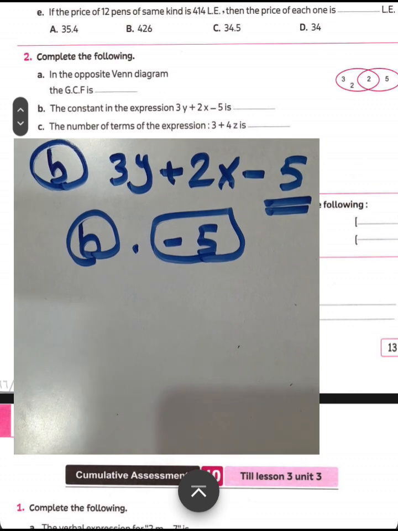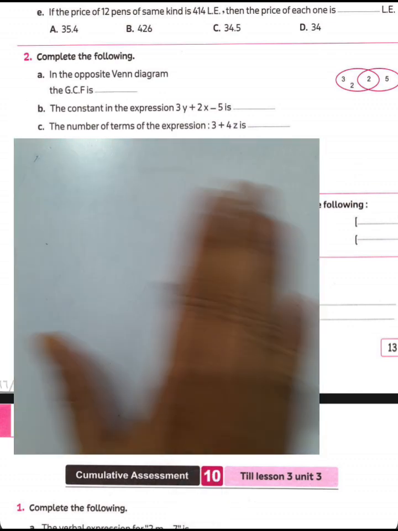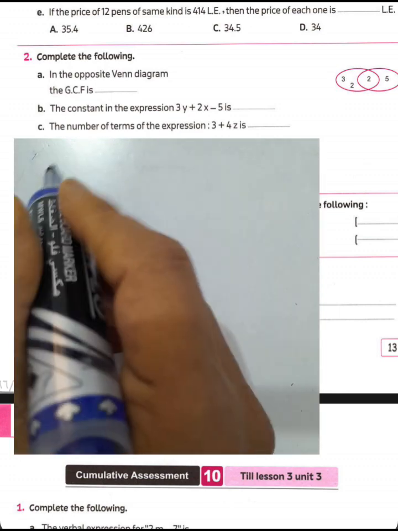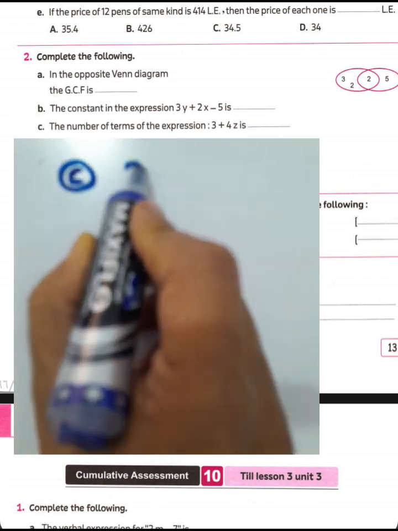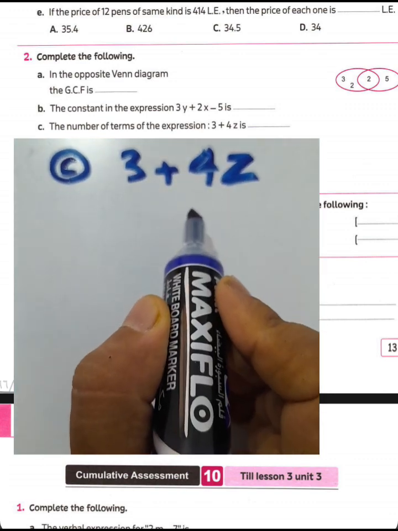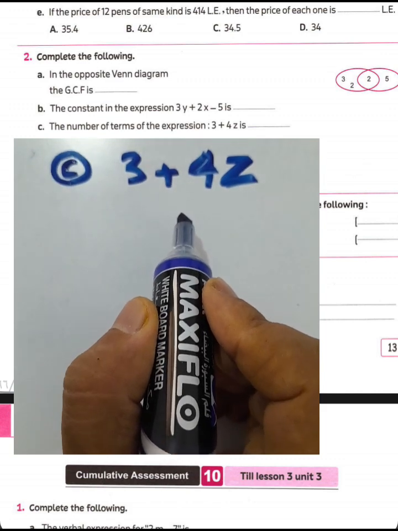Question letter C. The number of terms of the expression 3 plus 4z. He asked about the number of terms, which is 2.